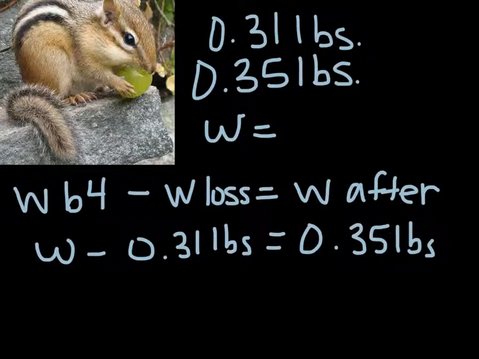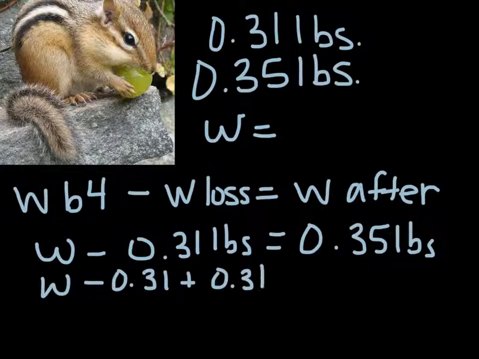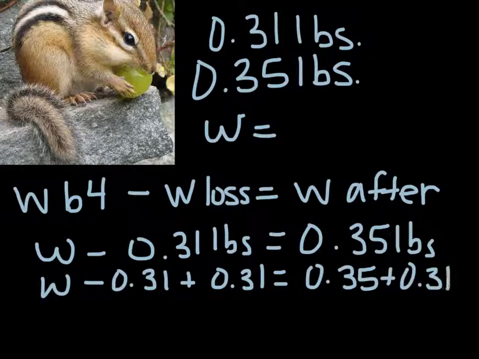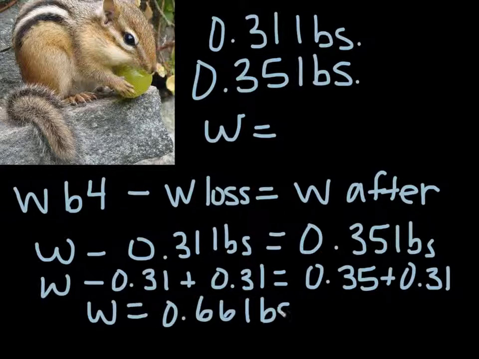To isolate our variable W, we'll need to add 0.31 pounds to each side of our equation. Giving us an answer of 0.66 pounds. So the chipmunk weighed about 0.66 pounds before hibernation.